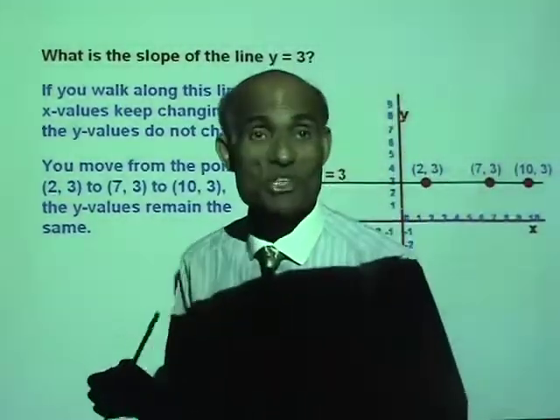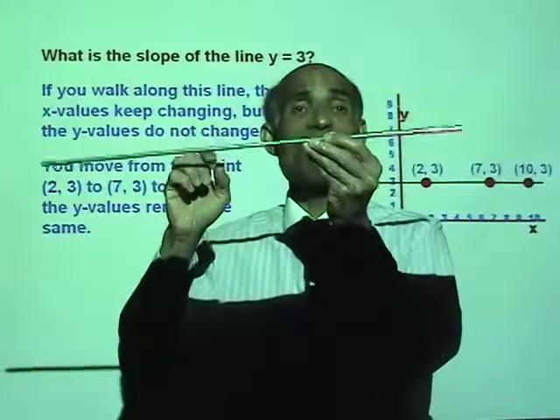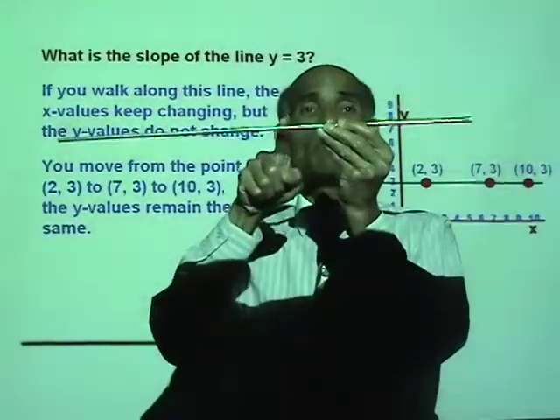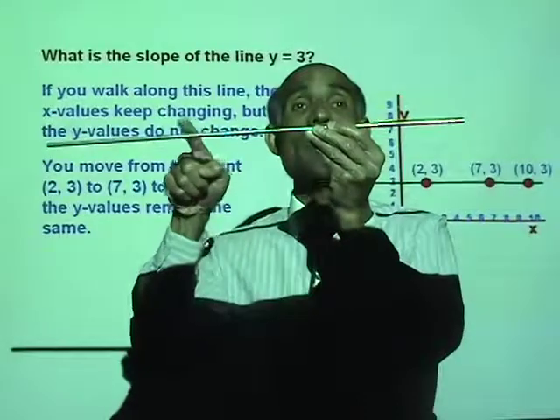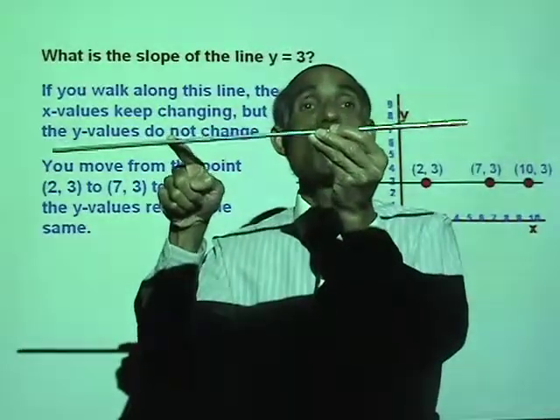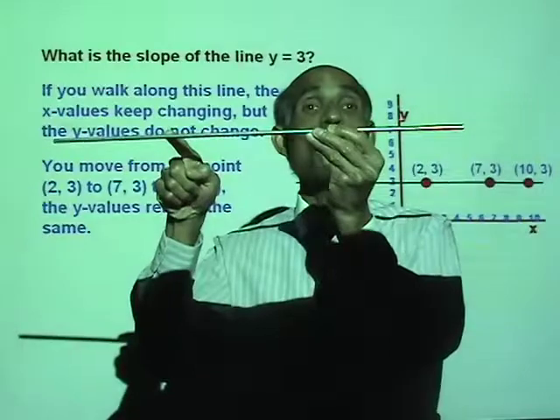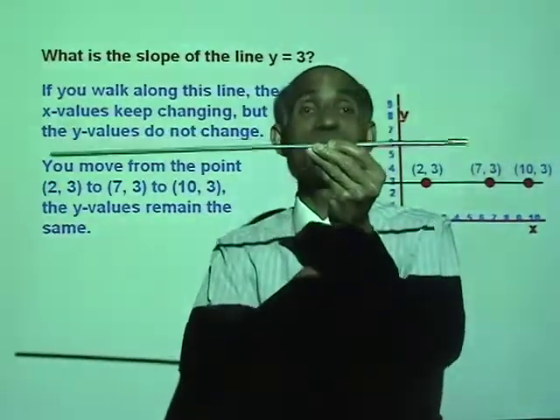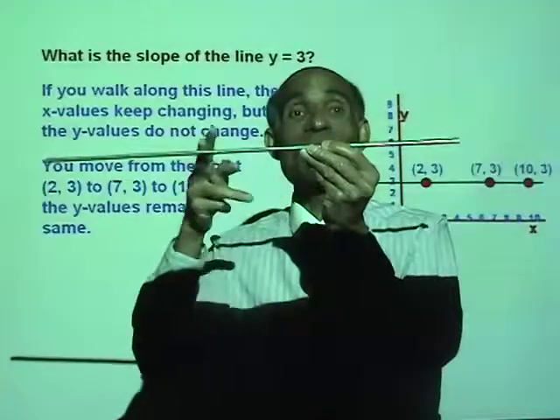This is the same as you are sitting at home and not going to work. You see, the number of hours will keep on passing, but no money will fall in your pocket. You see that? There will be no change in the amount of money in your pocket as time goes on.